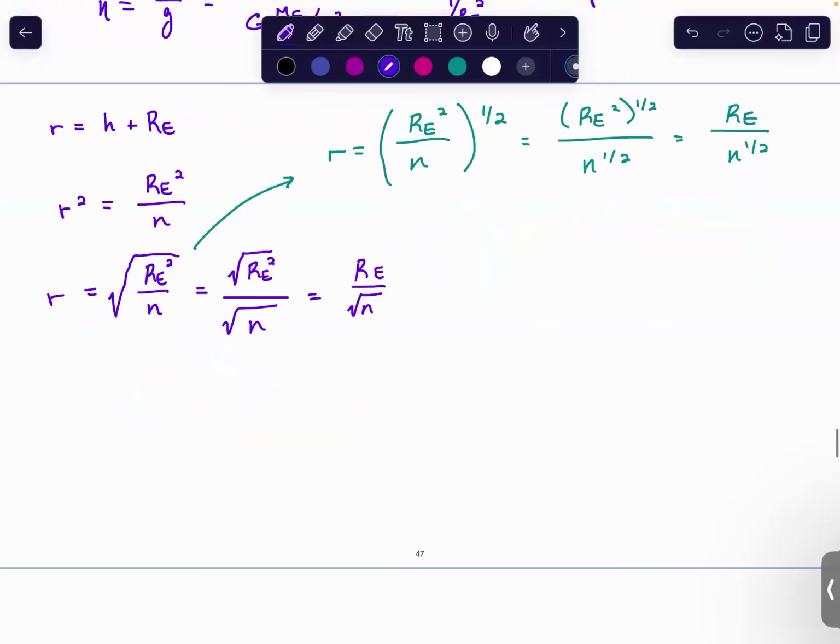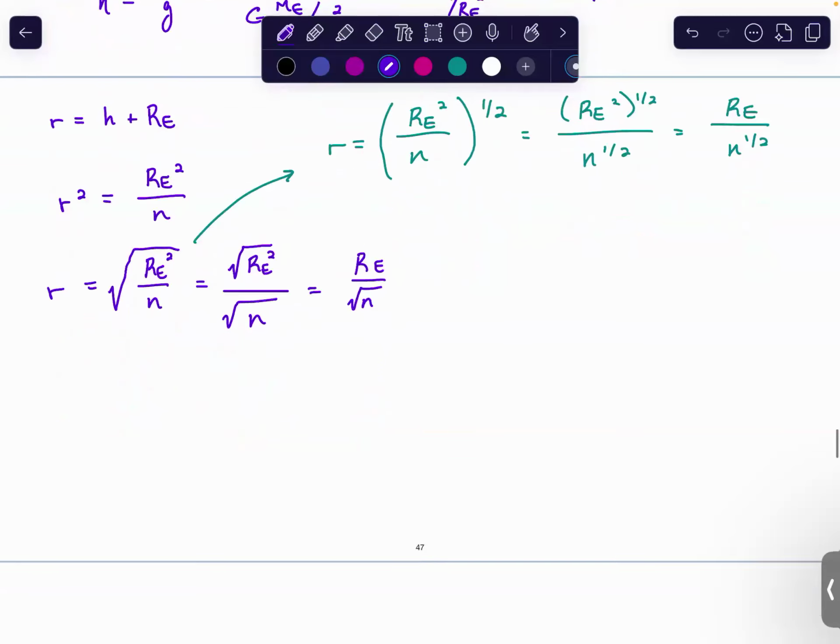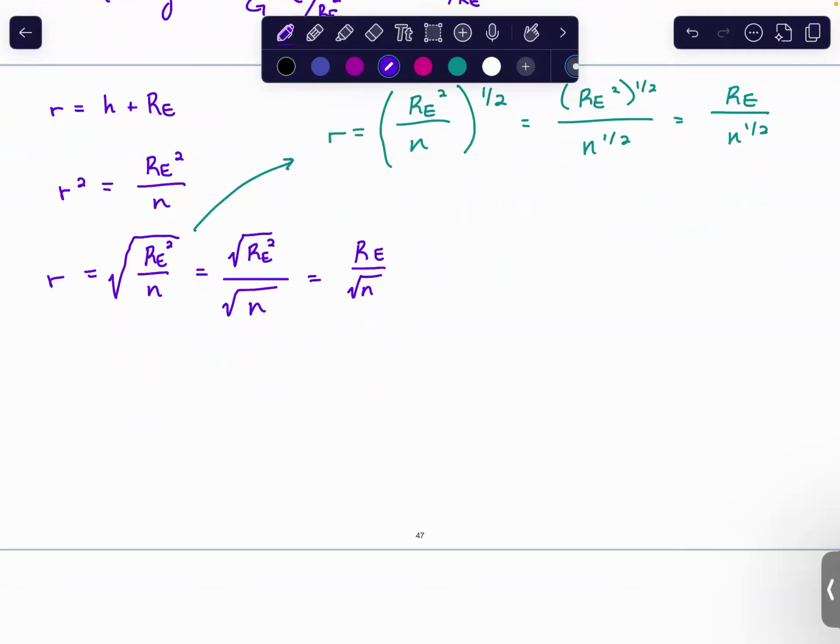Okay, so let's substitute h plus r_e in for our new radius. So we're going to have h plus r_e equals r_e over the square root of n.